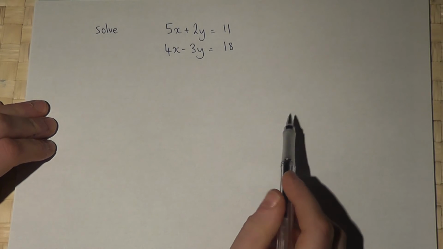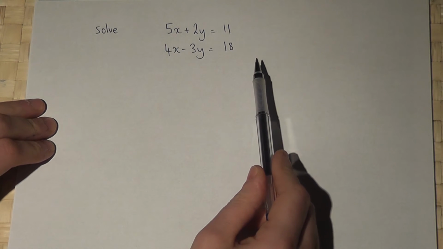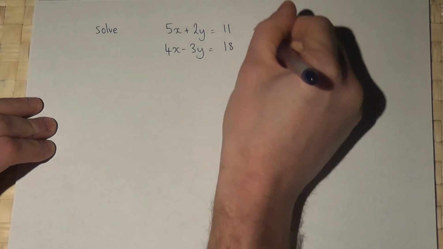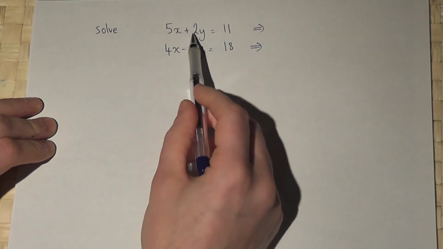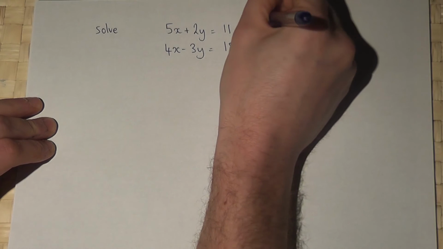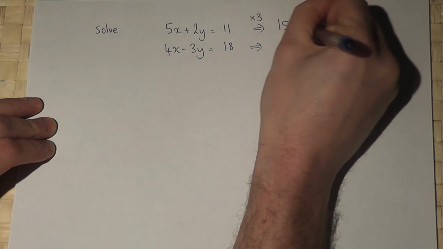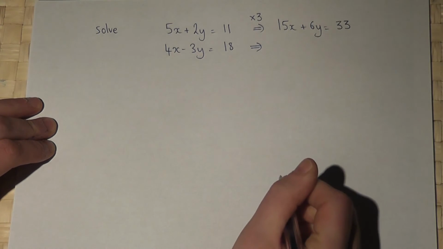In this video we solve a pair of simultaneous equations. Now the way to solve this is to times both equations by a different number to make the y's have the same coefficient. Now 2 and 3 go into 6. So if I times the first one by 3, I get 15x plus 6y equals 33.